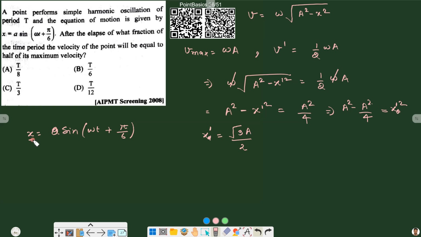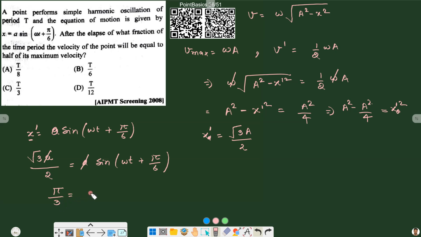If we put the value of x dash here, because x dash will also satisfy this equation, x dash will be root 3 a by 2, where amplitude is represented by small a, equal to a sine omega t plus pi by 6. A gets cancelled, and we will find that sine is root 3 by 2 when the angle is 60 degrees, which is pi by 3 radian.